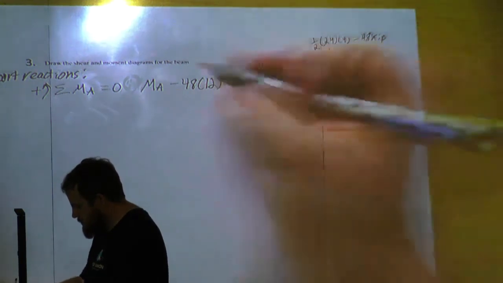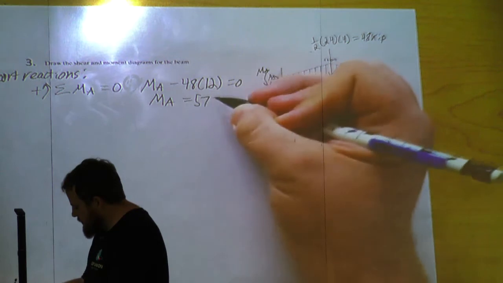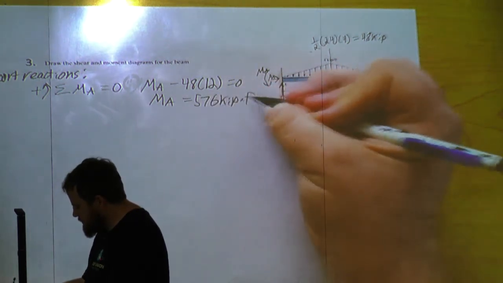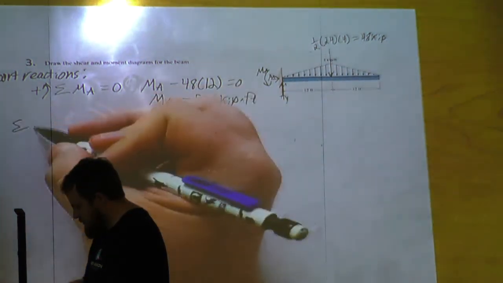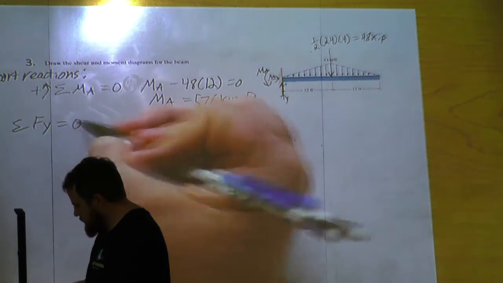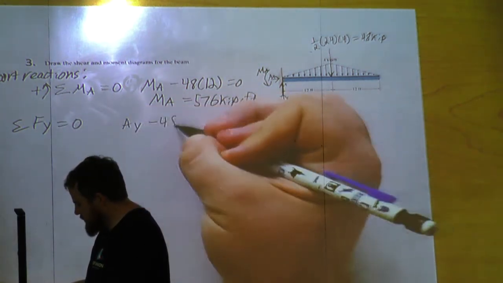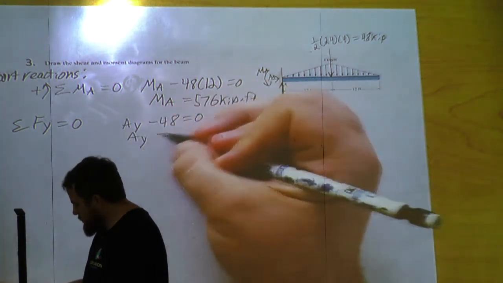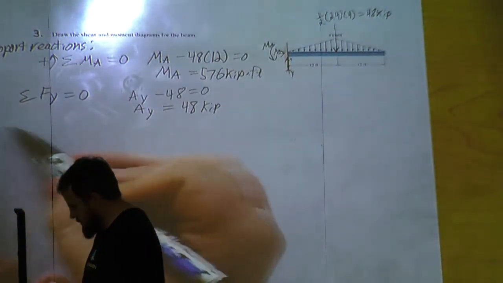That's just this load. So MA is then equal to 576 kips times foot. Now we'll do sum of the forces in Y equals 0. So that's going to be AY minus 48 equals 0. So AY equals 48 kips. All right, so that's it for the reactions.